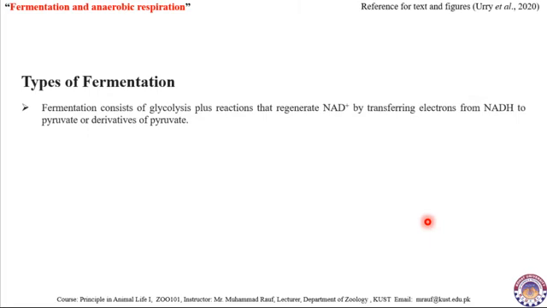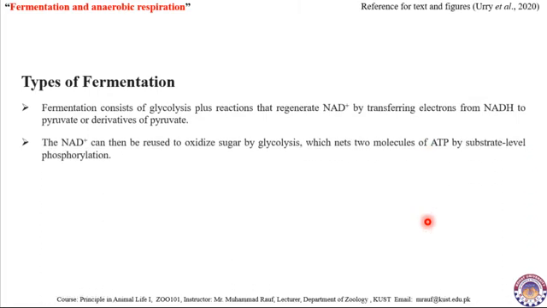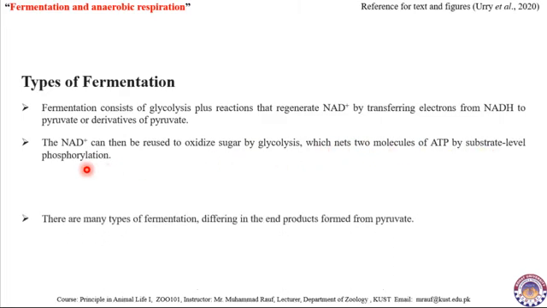Now there are two types of fermentations. Fermentation consists of glycolysis plus reactions that regenerate NAD by transferring electrons from NADH to pyruvate or derivatives of pyruvate. The NAD can then be reused to oxidize sugar by glycolysis, meaning it can be reused to accept electrons once more, which nets two molecules of ATP by substrate level phosphorylation.